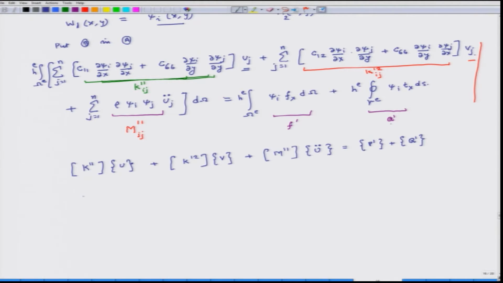Similarly, for the second equation, so this is from the first equation. For the second equation, I will get K21 times U, and please note this is for which element? This matrix will change from element to element, right. So, this is for each element, but I am just ignoring this E for the time being for simplicity purposes, but all these are for each element.